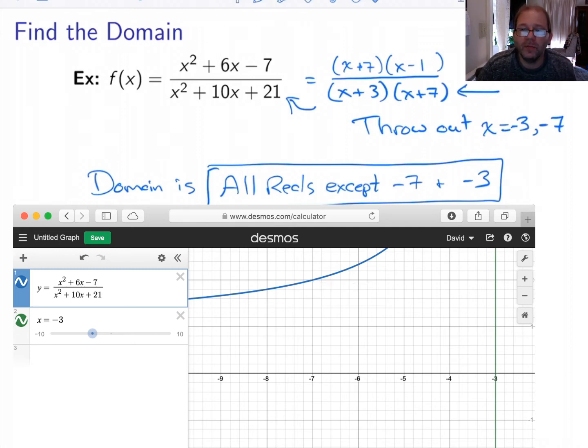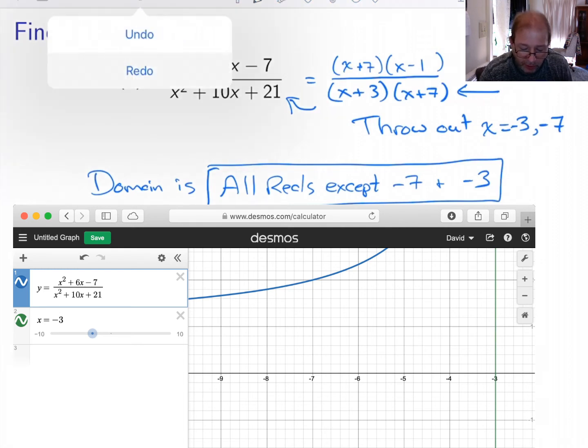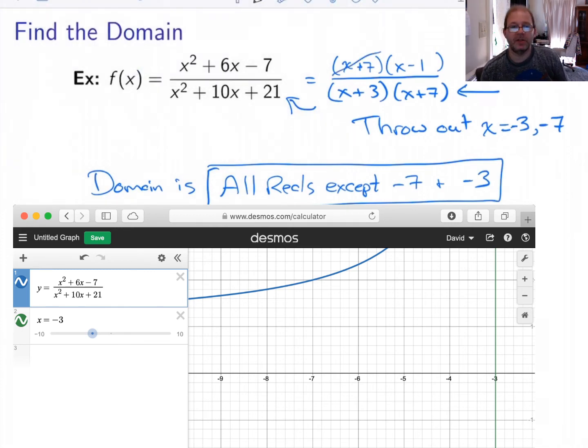If we looked at the function we'd get by eliminating this, x minus 1 over x plus 3, that function would be almost identical to this one. The only difference would be that function would be defined at the point negative 7.